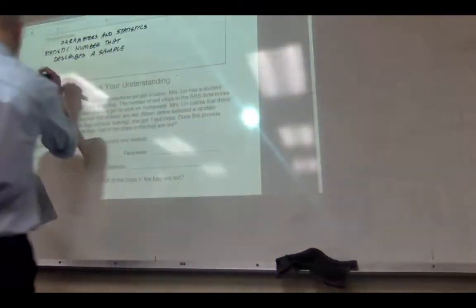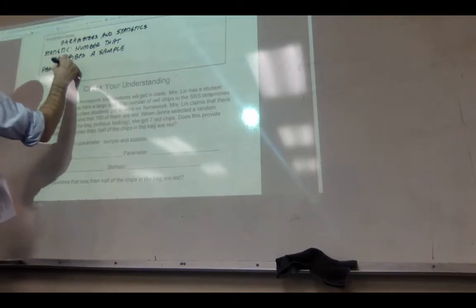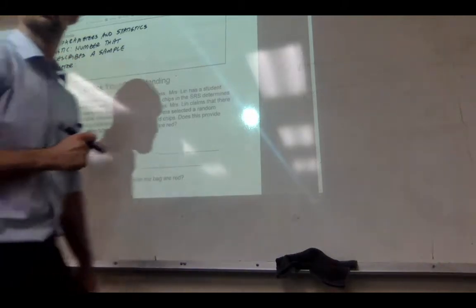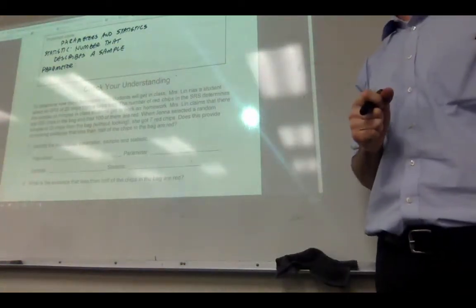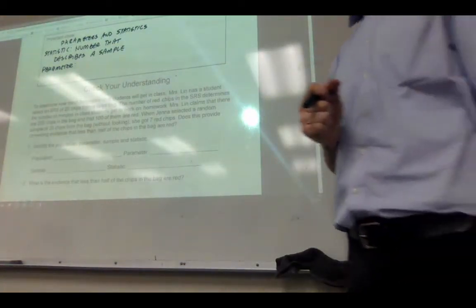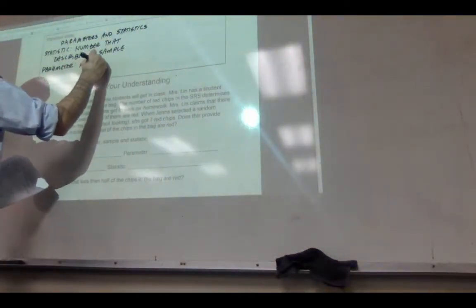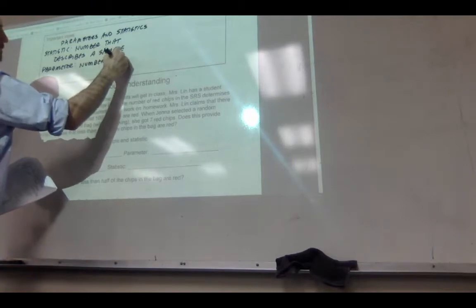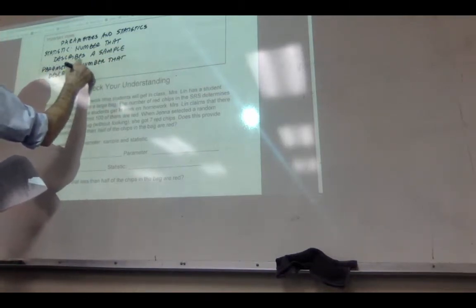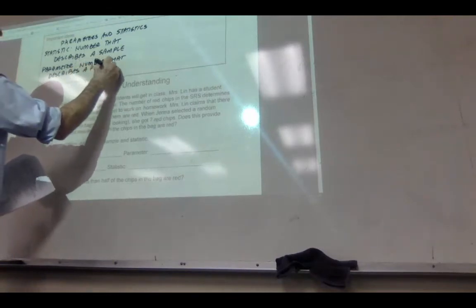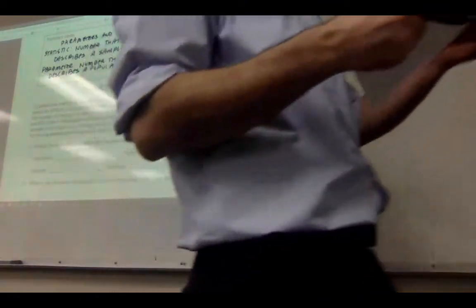As opposed to a parameter, what do you think a parameter is going to be? A number that describes what? Population. That's right. So a parameter is a number that describes a population.